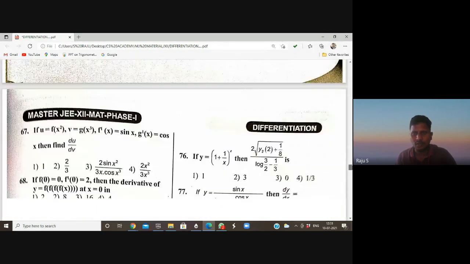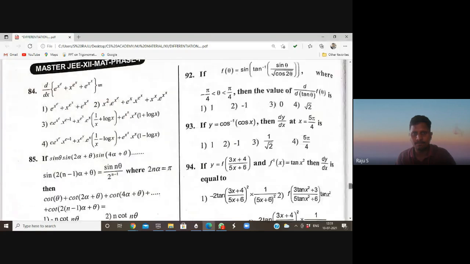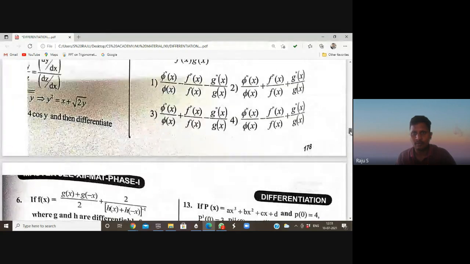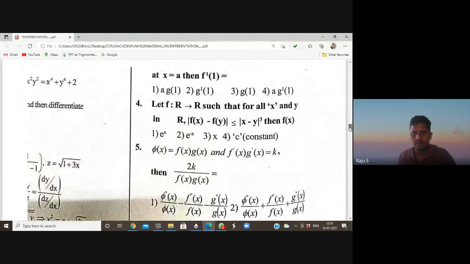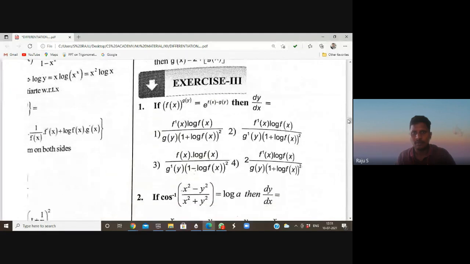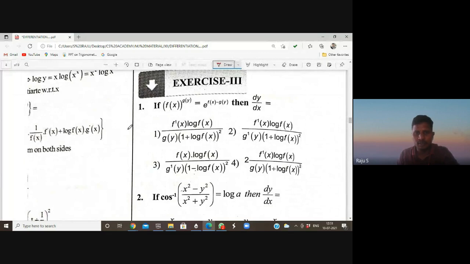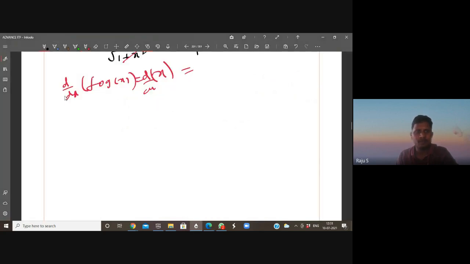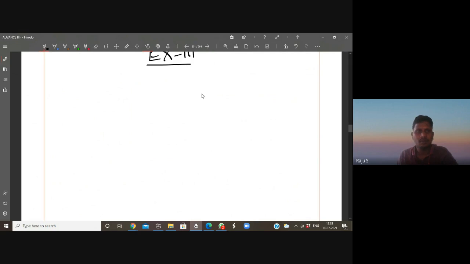Let us go for level 3. Right, first one. You can take log on both sides. So log of a power m.